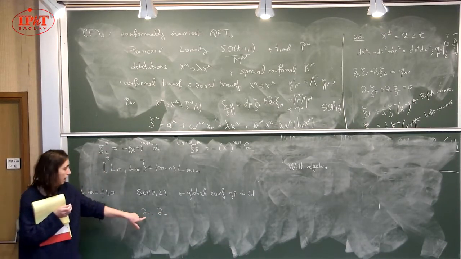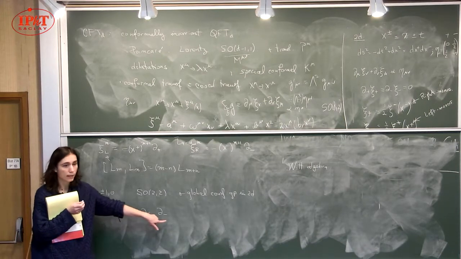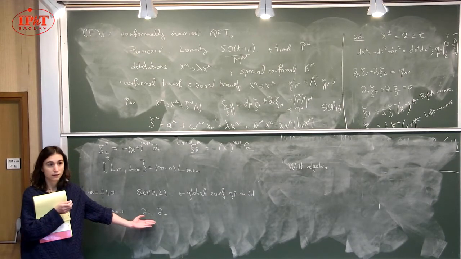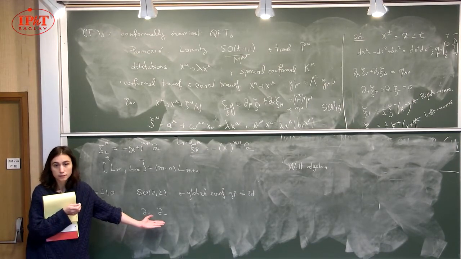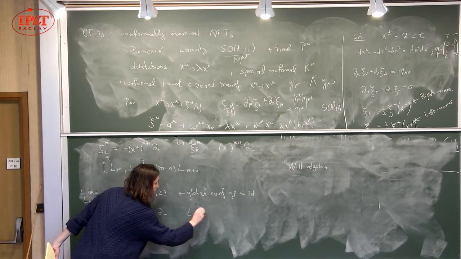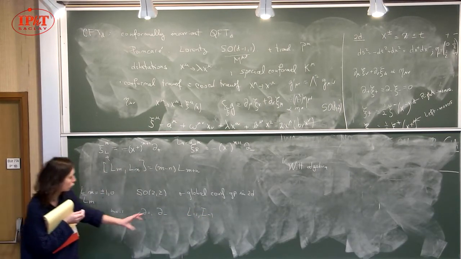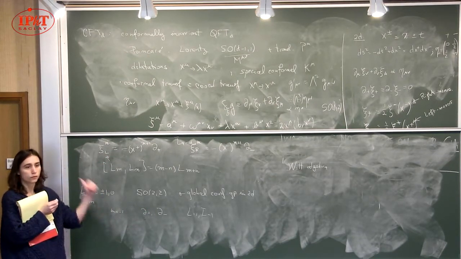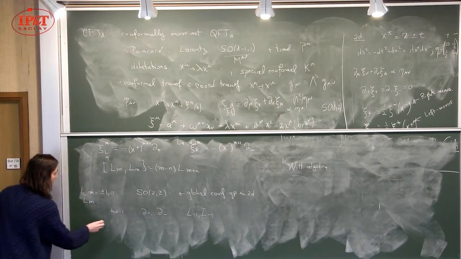So this is L minus 1 and L bar minus 1. And what are these? These are the translation generators. But you sort of pair them into translation along one light-like direction versus the other light-like direction.